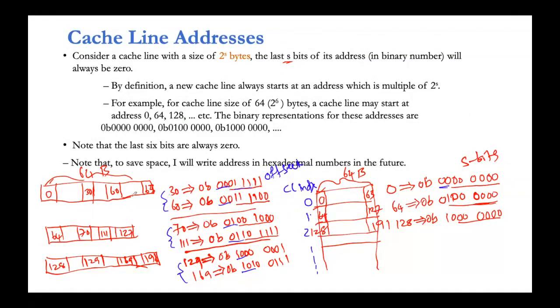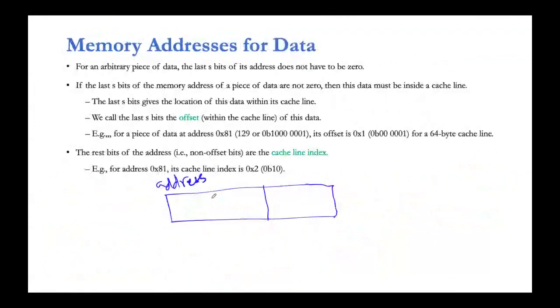These last 6 bits indicate the 30, 60 and so on, and the first 2 bits indicate the index part. So the cache line address is separated into 2 parts: one is the offset part, and the other is the cache index part. For the offset it uses the last S bits, and the remaining bits of the address are used for the cache index.